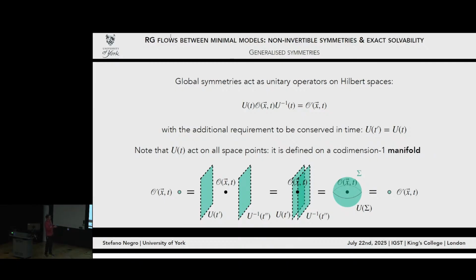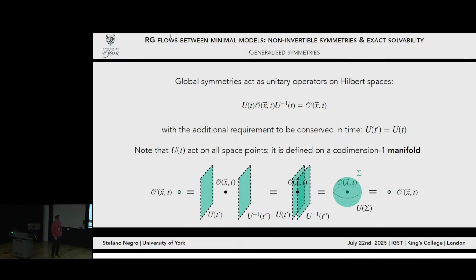So the idea is that we move from some kind of space-time picture to a Euclidean point of view. Now all time and space are essentially on the same ground, and so we don't necessarily have a natural Cauchy slicing. So it is more general to say that these operators are defined on a codimension 1 manifold, which can be general. The important thing is that they are conserved. So when we deform the manifold without intersecting any insertion in your space-time, they will be the same.